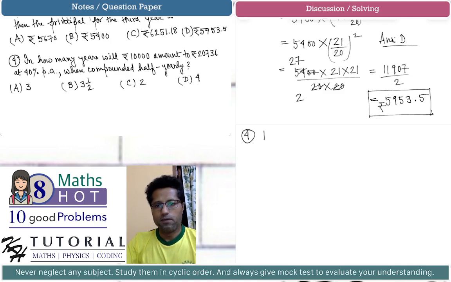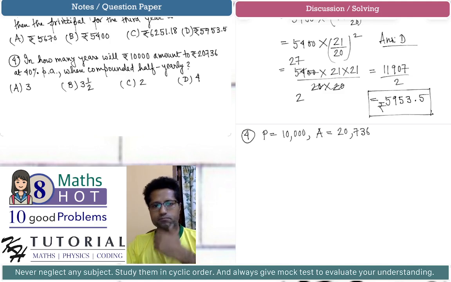Okay, so P is given to be 10,000. Amount is given to be 20,736. We have to find how many years, that is, we have to find T. And all the choices are integers except the choice B, which is a mixed fraction.